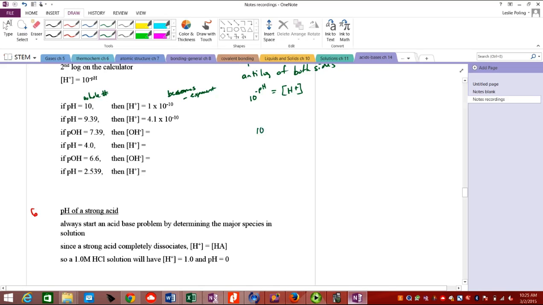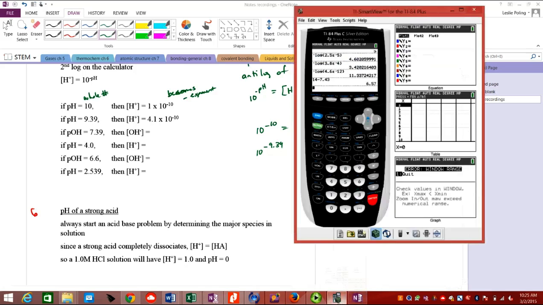Because if you do 10 to the minus 10, well, then you can write that as 1 times 10 to the minus 10. But if you're doing 10 to the minus 9.39, well, you can't just write that down. You've got to let the calculator put that in regular notation. And you always want to use second log to get your 10 ready for your exponent. Negative 9.39. And so there, 4.1 times 10 to the minus 10.